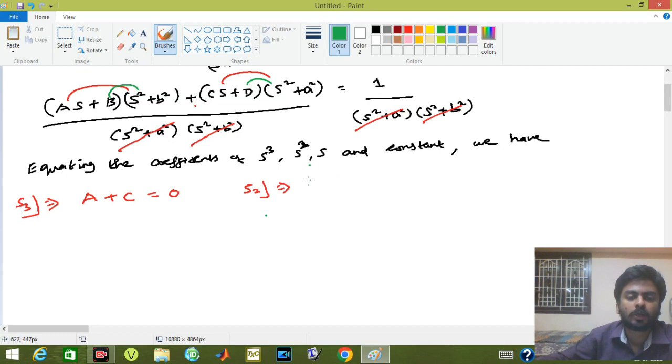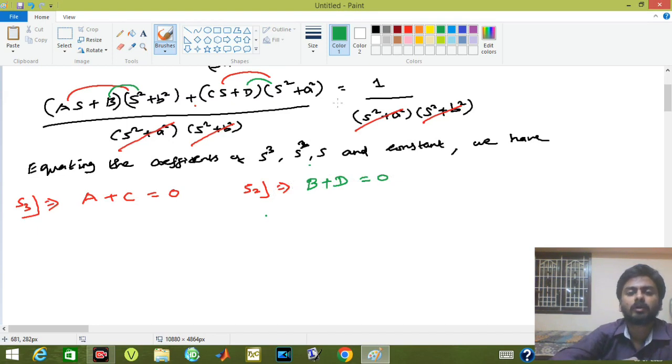So the coefficient of s square will be b plus d, and b plus d equal to 0.